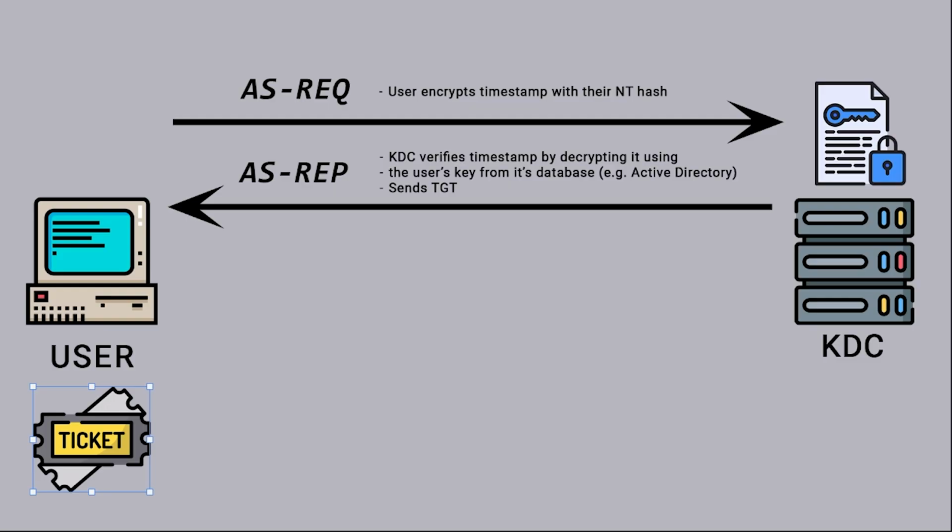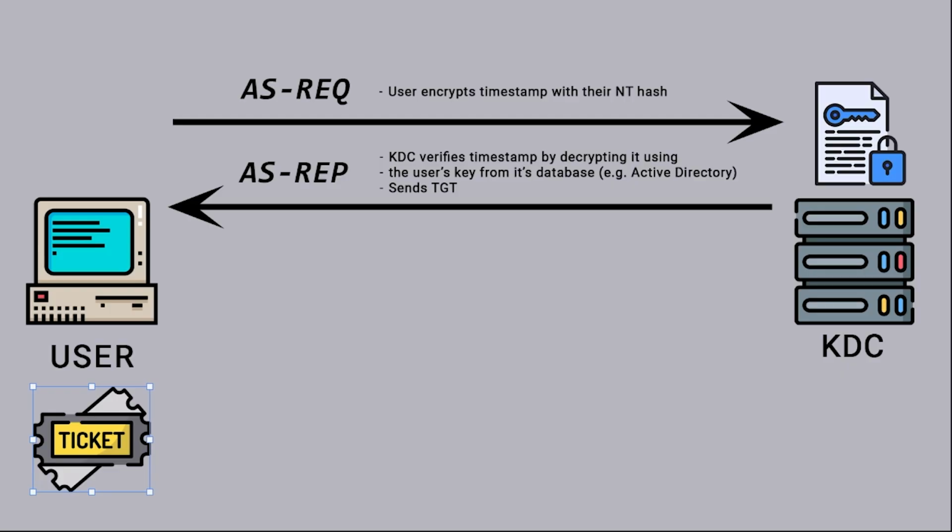Now, Alice has this ticket and she's like, okay, now I want to go on a ride, if we're thinking in terms of amusement parks. But in this case, she's going to want to use a service. Let's say I'm going to use this ticket because I need access to the file server. So she sends a text to the KDC, but this text is directed towards the ticket granting server instead of the authentication server.